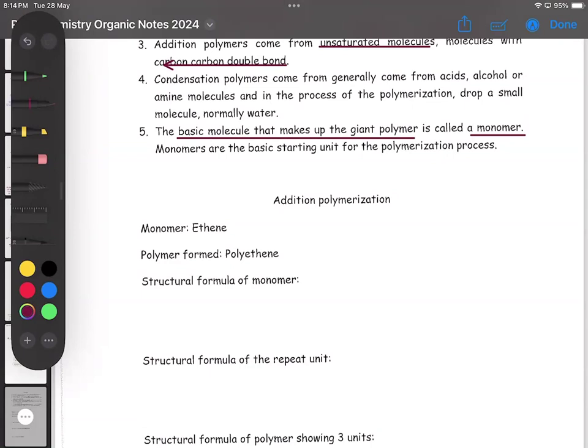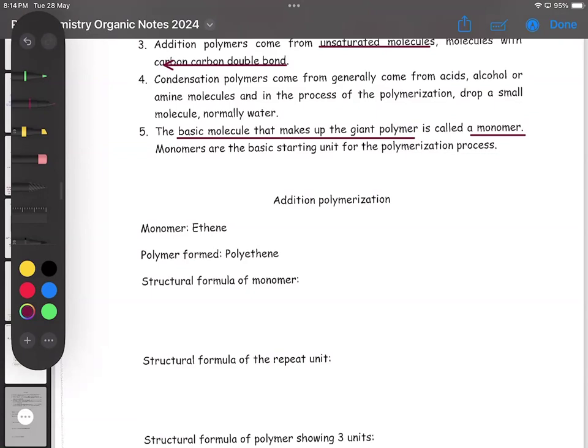So if you can see, one of the things that you might have seen in lower sec when you are doing digestion, monomers can be seen like amino acids. And when a lot of amino acids join up, you get your polypeptide or your protein molecule.